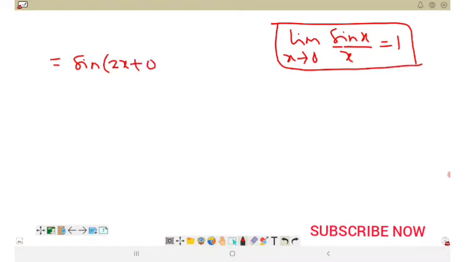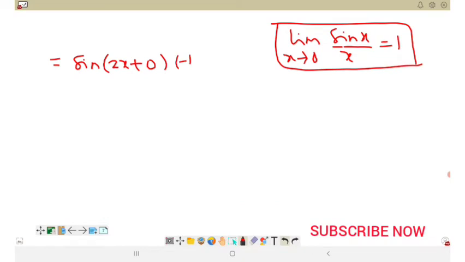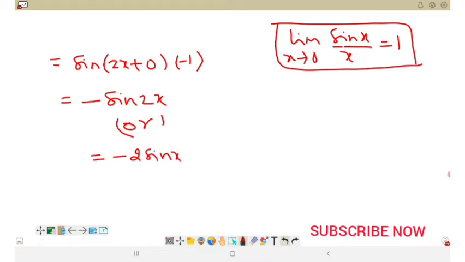Limit h tends to 0, sin of minus h by h is equal to minus 1. So sin of 2x into minus 1 equals minus sin 2x, equal to minus sin x cos x. So this is f dash of x.